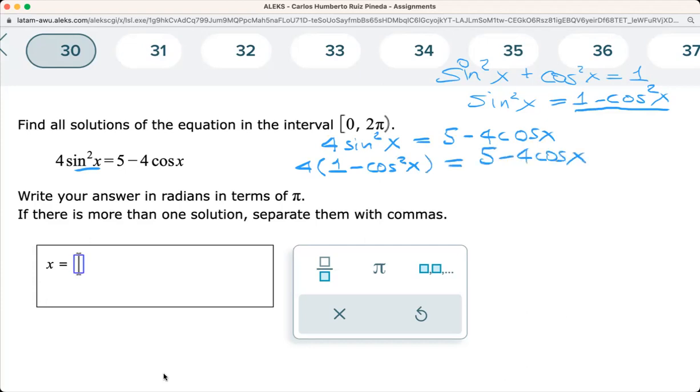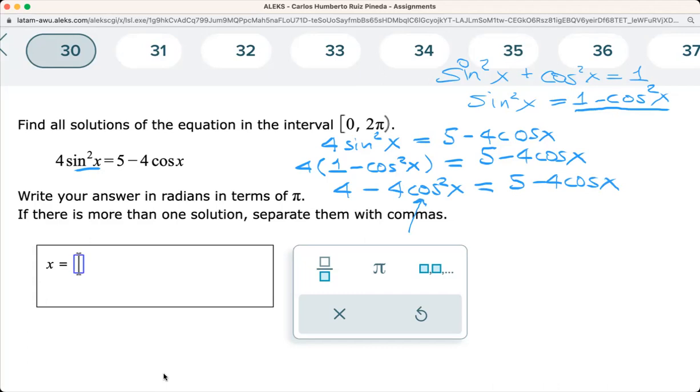Now here, we can get rid of the parentheses. 4 times 1, 4 minus 4 cosine squared of x, and that is equal to 5 minus 4 cosine of x. And then we have to put everything together on the same side.